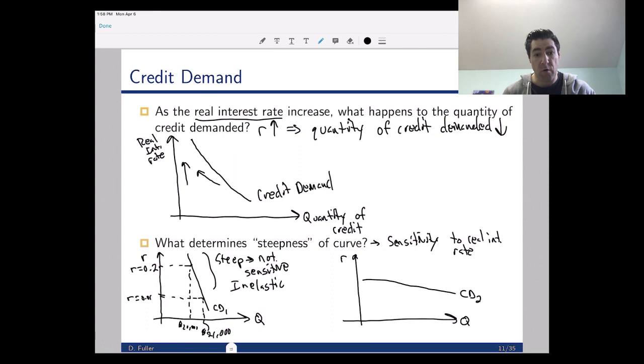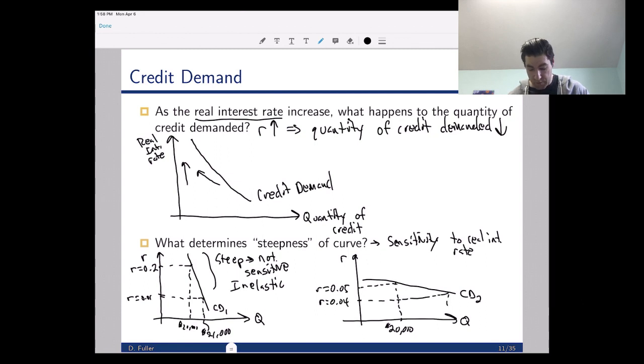The flatter curve over here is the opposite. We're very sensitive. So here, a small change in the interest rate. Let's say we go from a 5% interest rate and we want $20,000 in credit to a 4% interest rate.